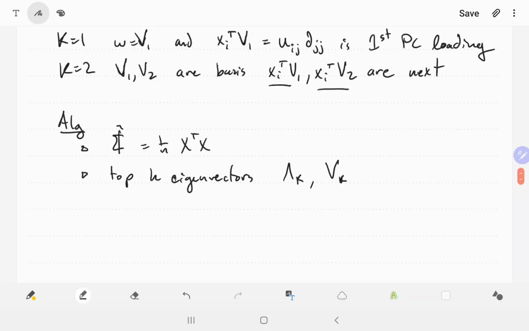Now we know v sub k are these basis elements. So then we compute the loadings, which would be x_i transpose v_j, for i going from 1 up to n, and j going from 1 up to capital K.